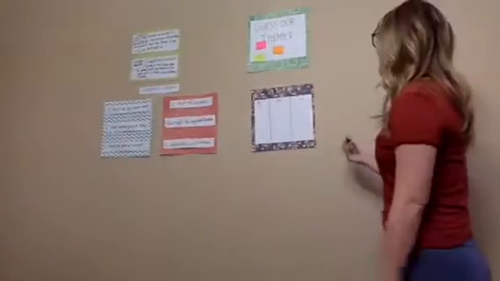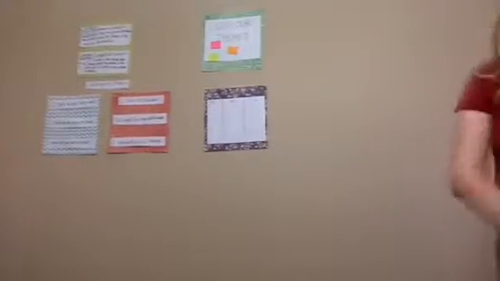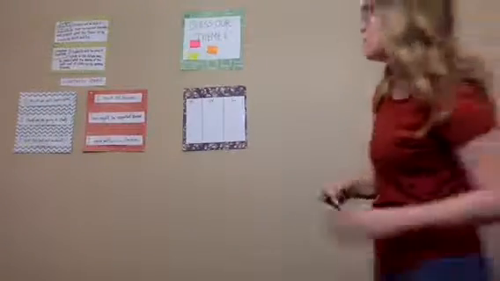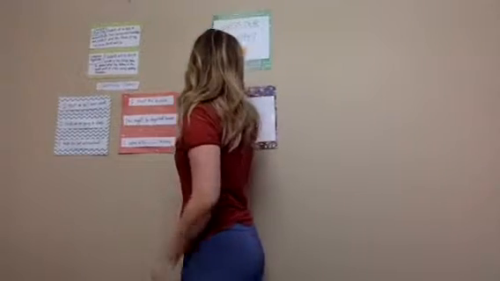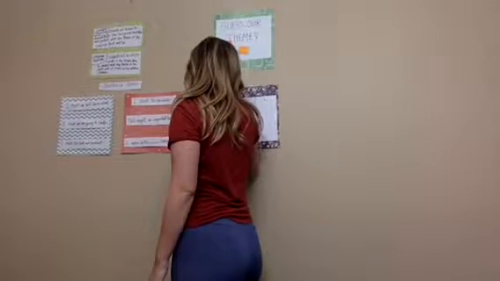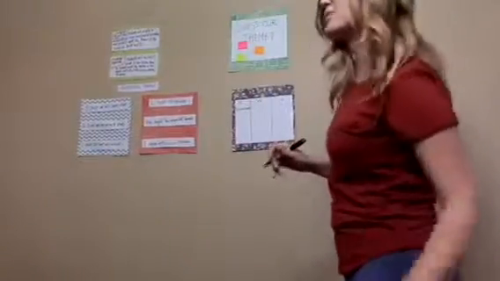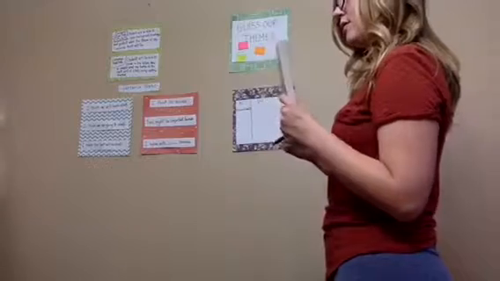Okay, so what do we know about this book already? We know the author's name. Okay, what's the author's name? Sharon Creech. Okay, Sharon Creech. What else do we know about this book so far? Hannah. It's won an award. Good.